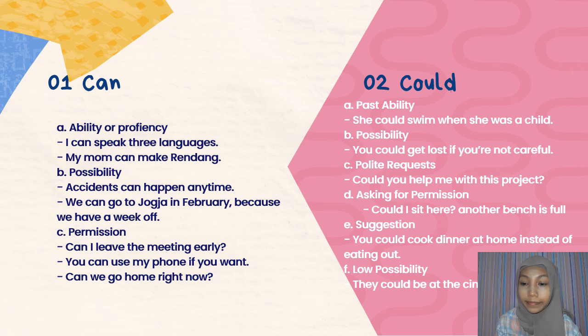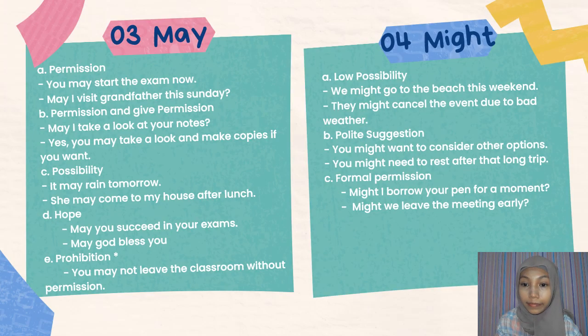Next, the third is may. Permissions. May is used to ask for or give permission in a more formal form. For example, you may start this exam now. May I visit grandfather this Saturday?